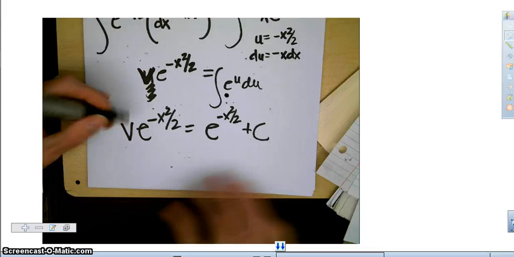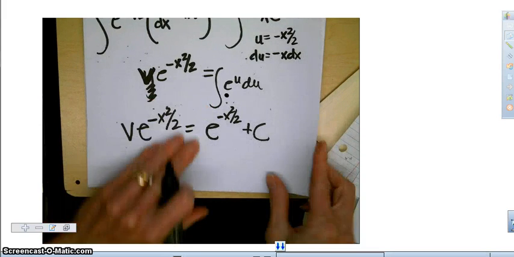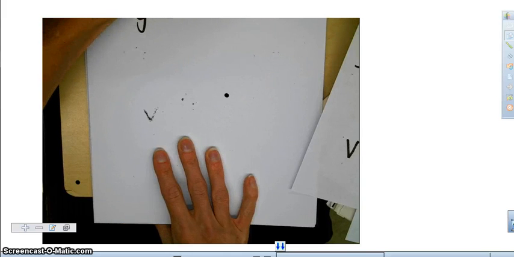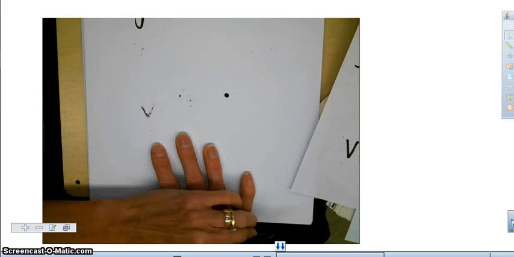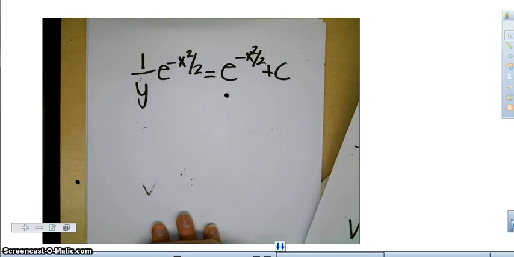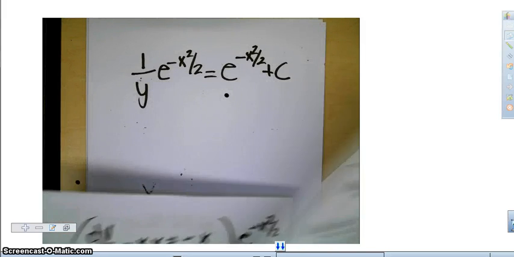So isn't this the same as 1 over y times... So now if you were trying to get y by itself, what might be a good strategy here?